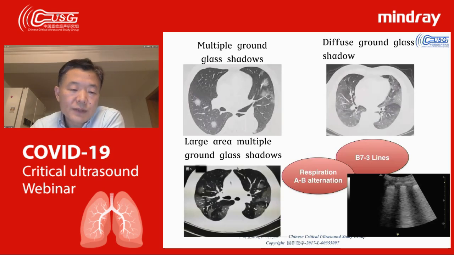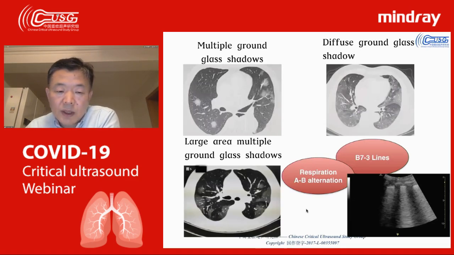And also this is in the aggressive phase of this disease. We see B7 lines, B3 lines, and sometimes during the inspiratory or respiratory phase, the B line changes, maybe from A to B or B7 to B3, or even to diffuse B lines like that. You see here.